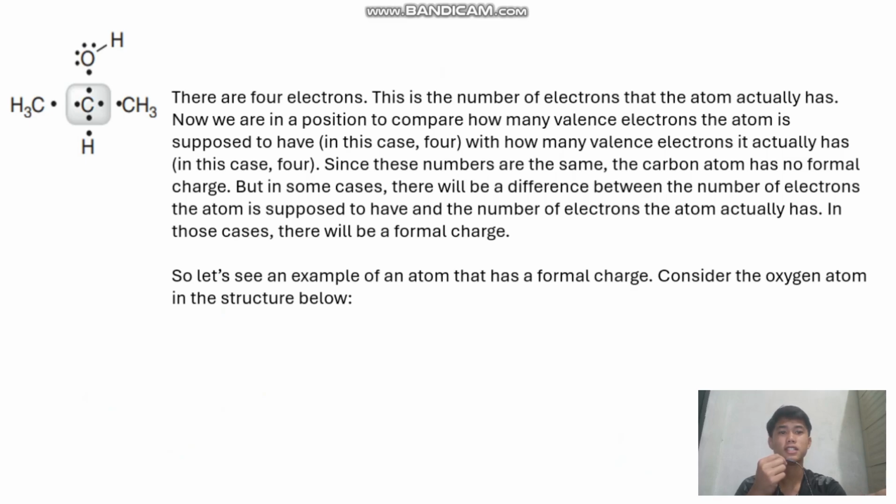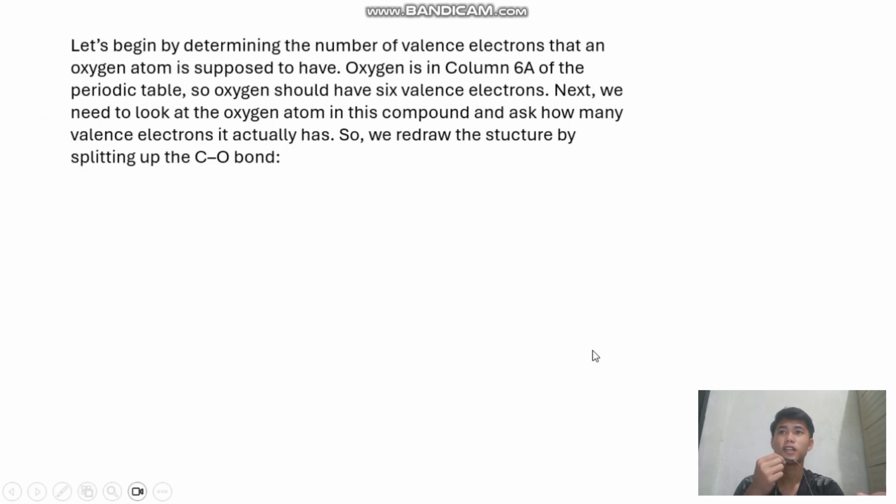Consider the oxygen atom in the structure below. So oxygen is placed in group 6A, so it has 6 valence electrons. So let's begin by determining the number of valence electrons that oxygen is supposed to have.